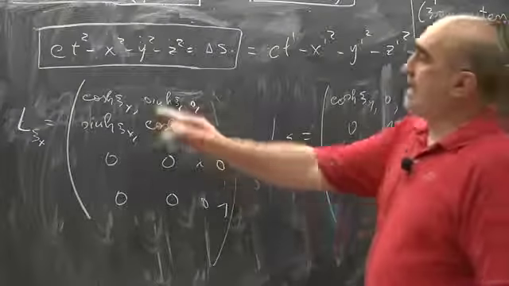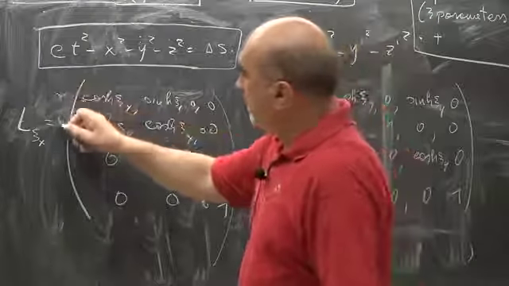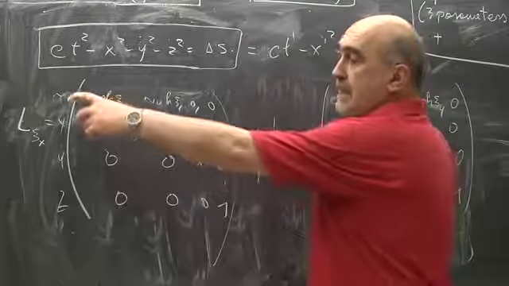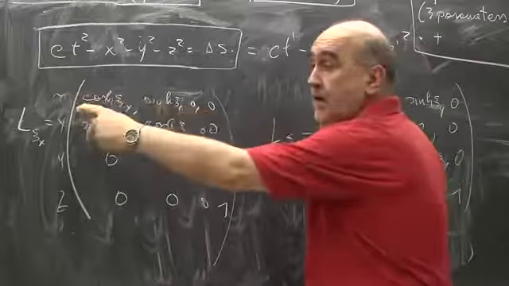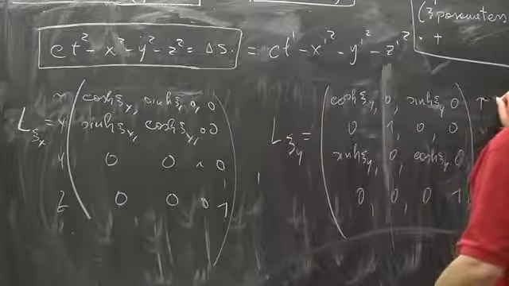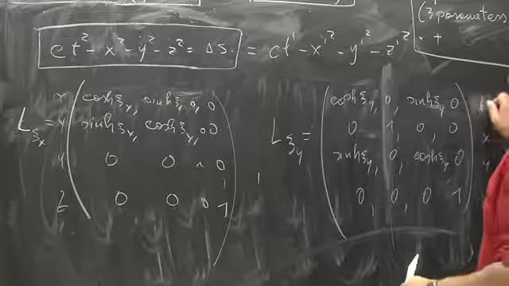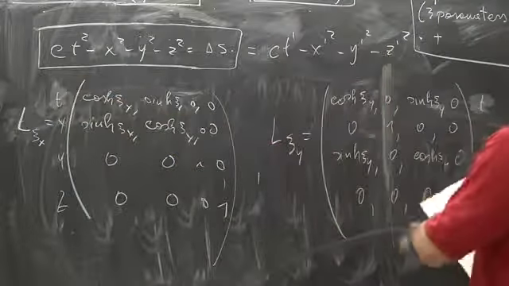Remember this is t, x, y, z. So the boost always changes t and x if it is along x. Here, t, x, y, z, not tau, otherwise we confuse it with t. Here, what does it change?